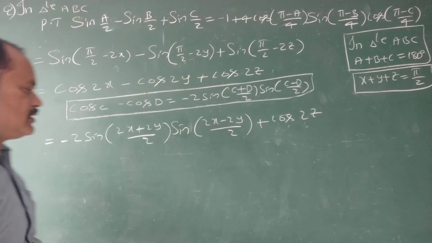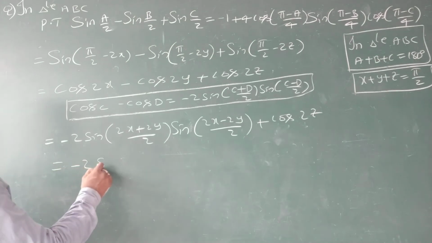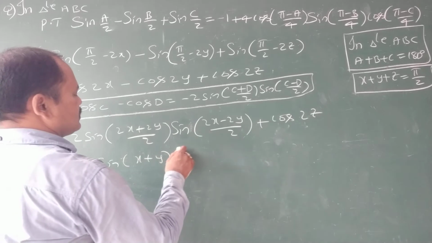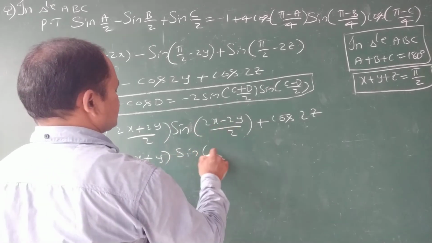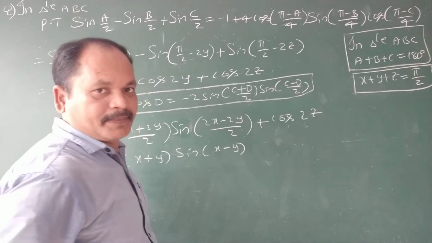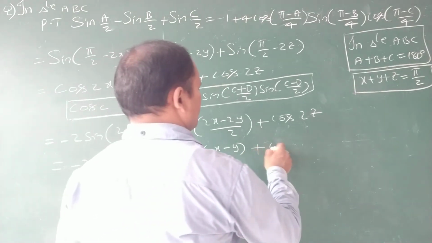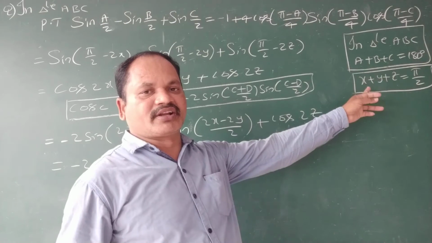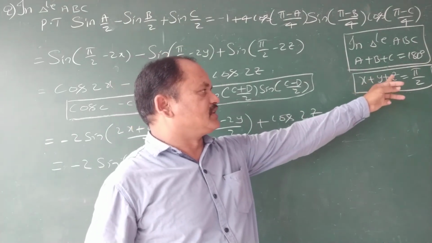Now the 2 gets cancelled, so it is x plus y, and here it is x minus y, plus cos 2z.